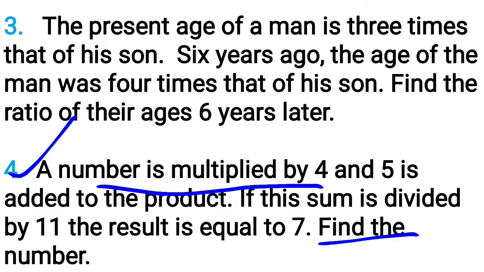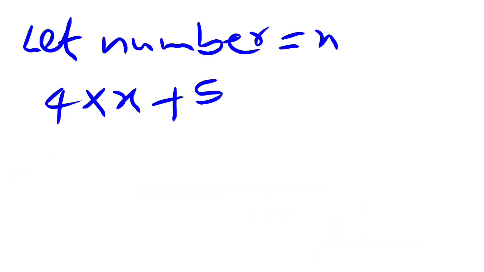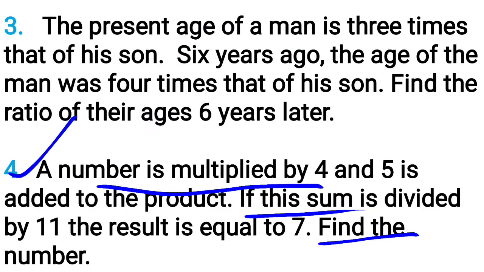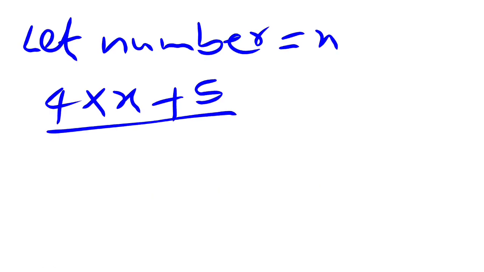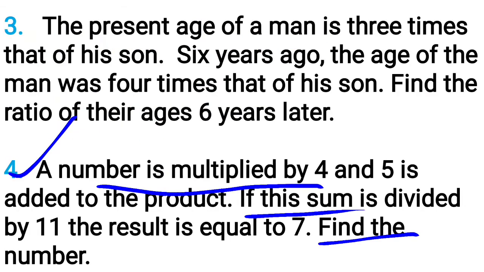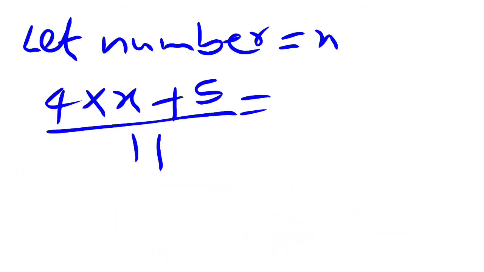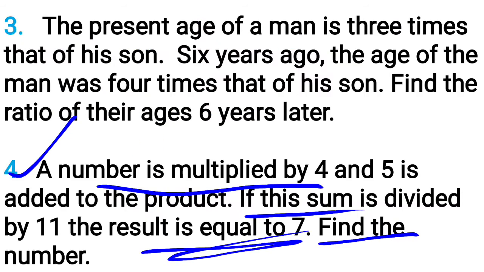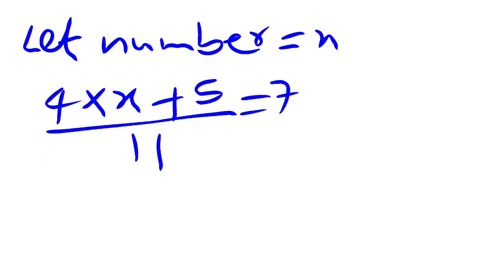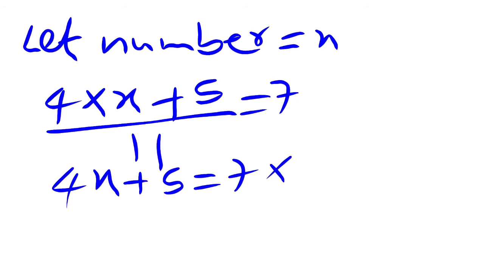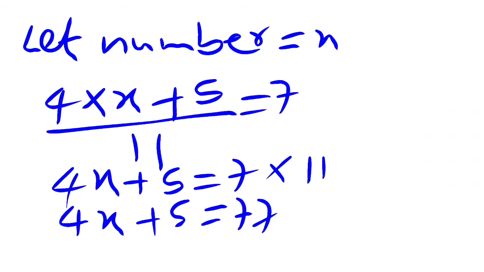Next, if the sum is divided by 11. So where is the sum? This 4x plus 5 is the sum. It is divided by 11. So the total by 11, and the result is equal to 7. The result is nothing but the equal symbol, it equals 7. So to find the number, 4x plus 5 equals 7 into 11, 77.